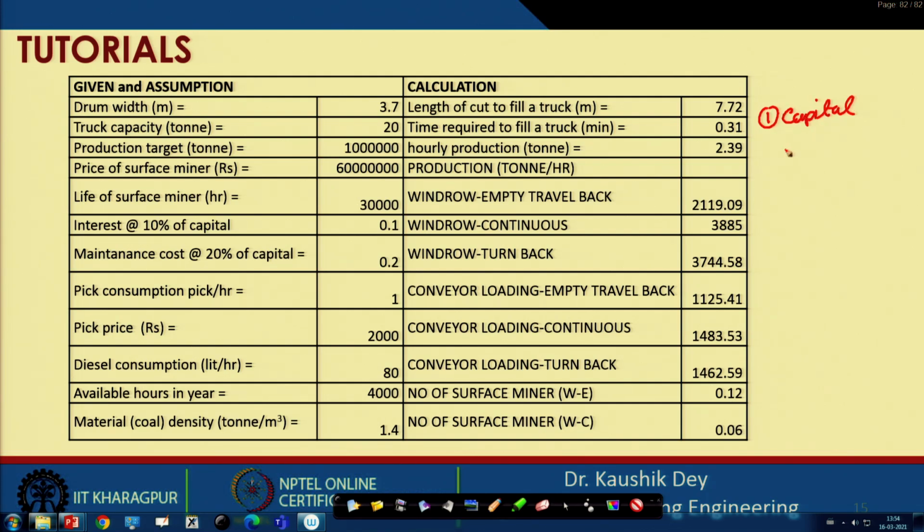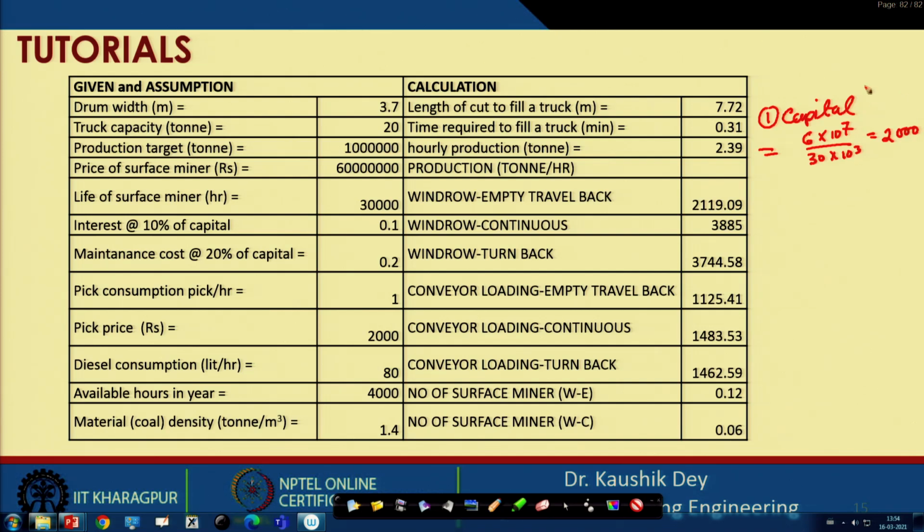So, as we assumed, capital cost is the capital by life. So, this is 6 into 10 to the power 7 divided by 30 into 10 to the power 3. So, the capital cost is coming 2 into 10 to the power 3, that is 2000 rupees per hour.